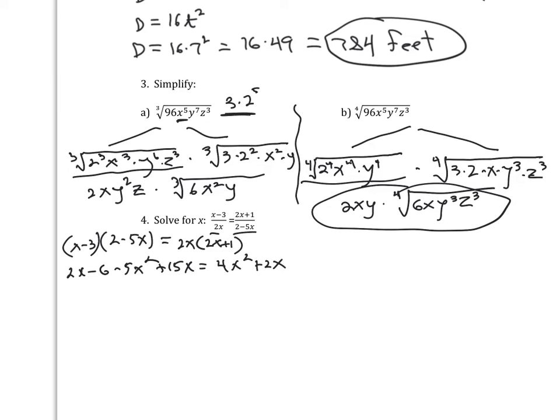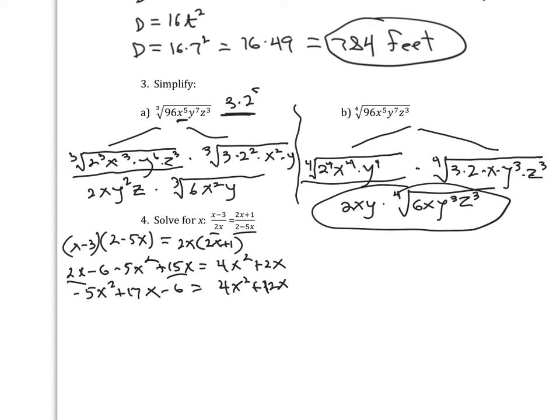We'll reorder and combine on the left side. We get negative 5x squared. We have a 2x and a 15x, so we get plus 17x. And that's minus 6 is equal to 4x squared plus 2x.